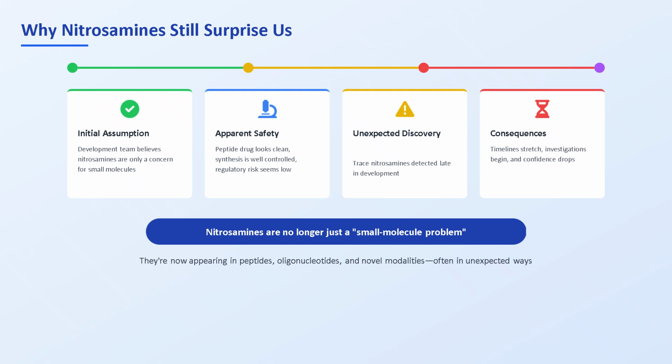Suddenly, timelines stretch, investigations begin, and confidence drops. The key lesson here is simple but uncomfortable. Nitrosamines are no longer just a small molecule problem. They're showing up in places we didn't expect, and often when it's most expensive to fix them.